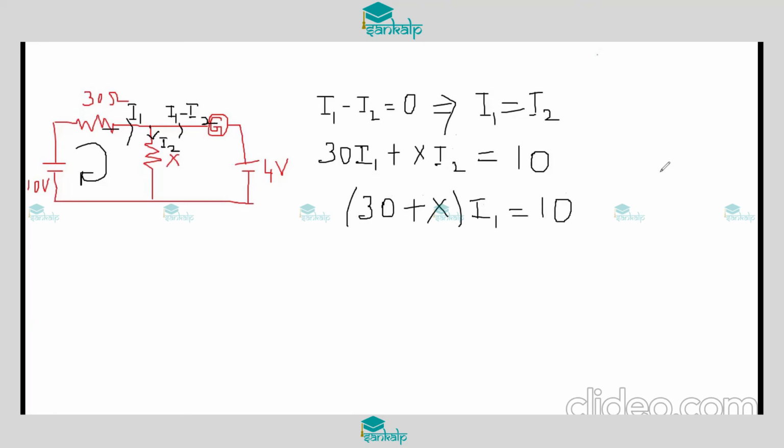Now for the second mesh, I'm applying the loop. As you know there is no current in the galvanometer, so this will be 0. So you'll have only one current, that is I1. I'll take the loop in this way.